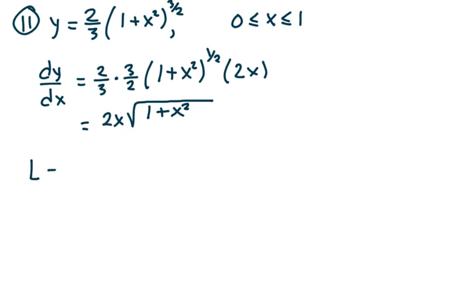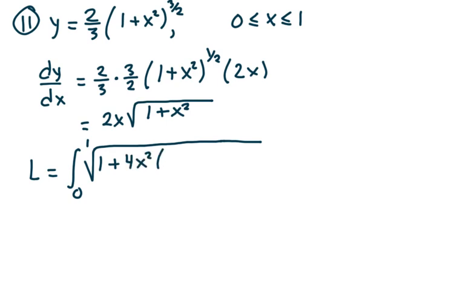Now we're ready for arc length. So L is the integral from 0 to 1 of the square root of 1 plus 4x squared times 1 plus x squared dx.